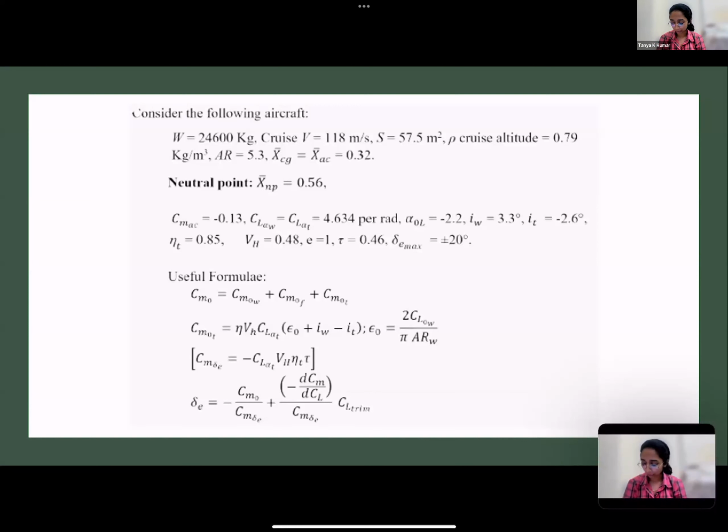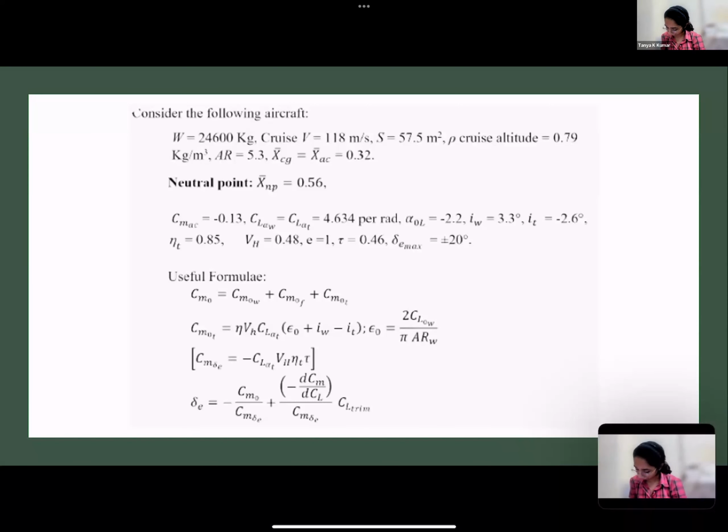Then they've given you some aerodynamic parameters of the wing and the tail: the CMAC of the wing, CL alpha of wing and tail are the same, the angle of attack at zero lift, the wing and tail setting angles, the tail efficiency factor, VH is the horizontal tail volume ratio, epsilon E of the Oswald's efficiency factor, tau is the control surface effectiveness parameter, delta E max, maximum deflection of the elevator, and they've given you some formulae, which makes solving the questions fairly simple.